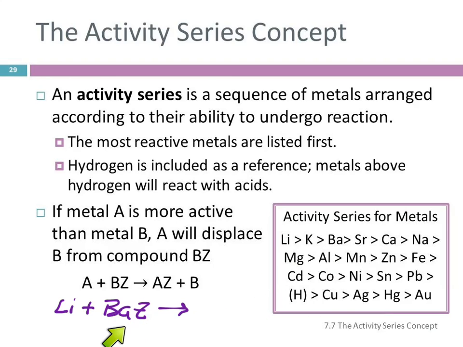And so the girl came with barium because he seemed pretty good at the time, but then she sees lithium and she's like, oh, wow, that's better. So she's going to leave with him. And so lithium gets the girl and barium goes home alone, right? So that's the idea of the activity series. It can help us predict which metal will displace another in a reaction.